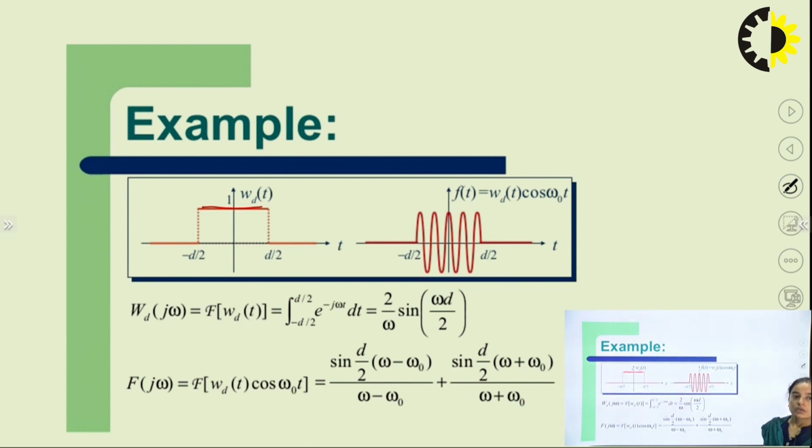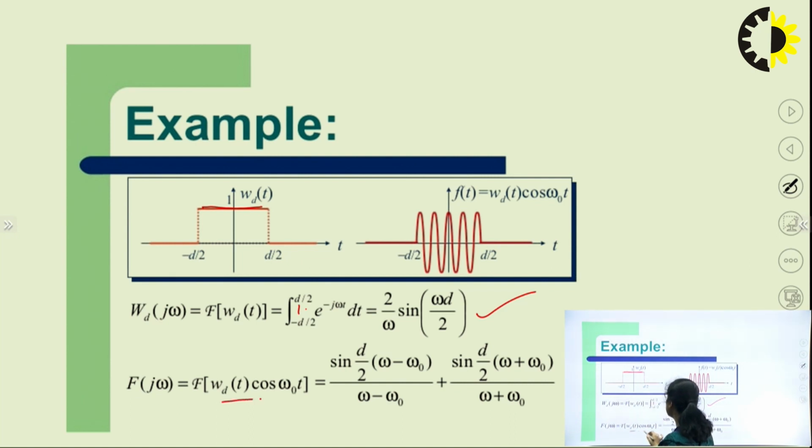Okay, so this is the way: the Fourier transform of this we can write as the integral of 1 into e to the power minus j omega t, with limits only from minus d by 2 to d by 2. By integrating this we can achieve the result. So this is the Fourier transform F of j omega.